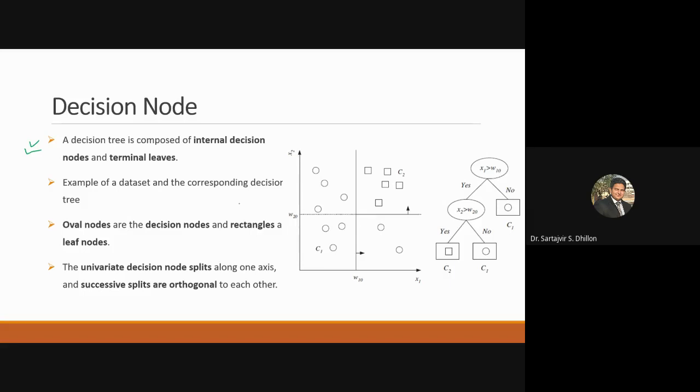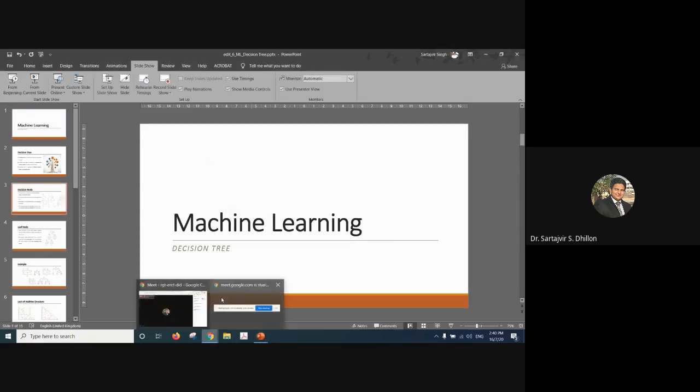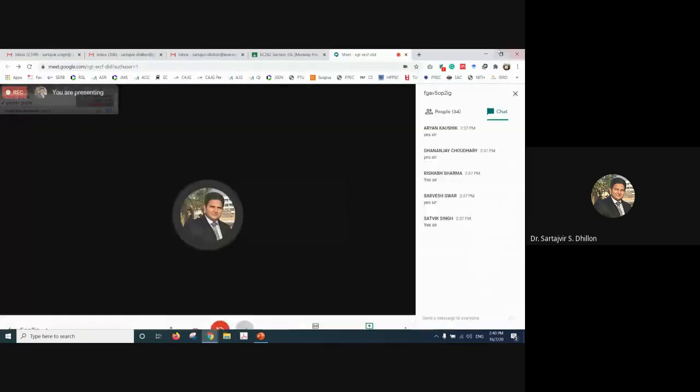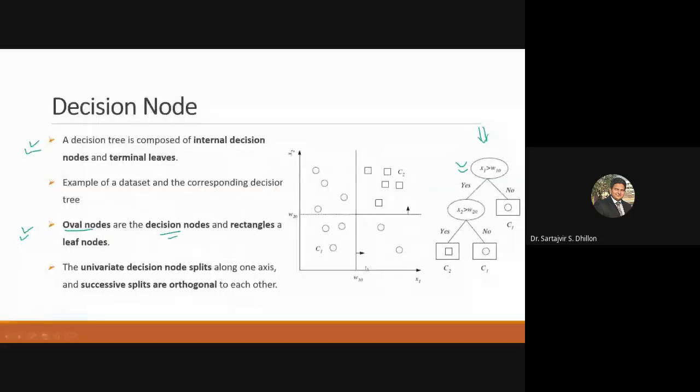Before we go towards this example, let us check this tree, the third line. The oval nodes represent the decision nodes, and the rectangle nodes represent the leaf nodes.